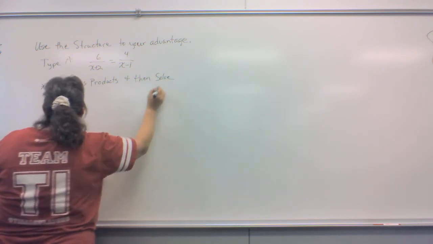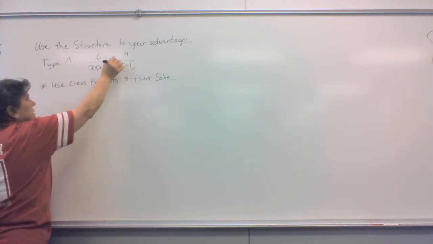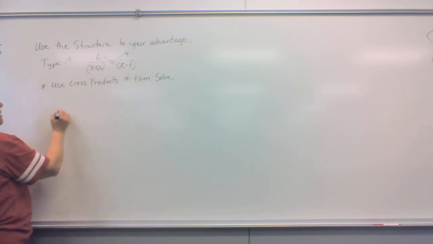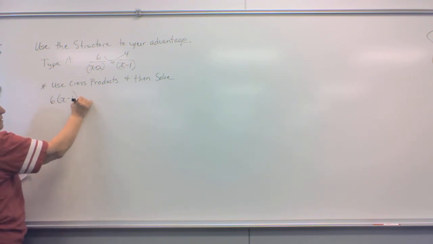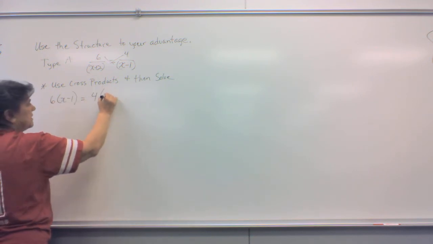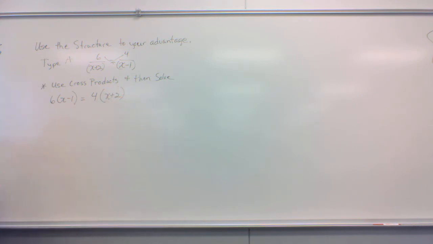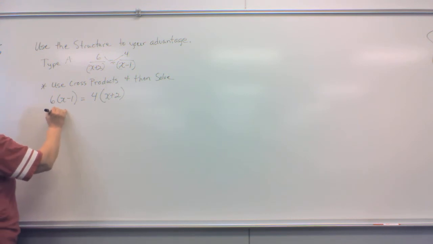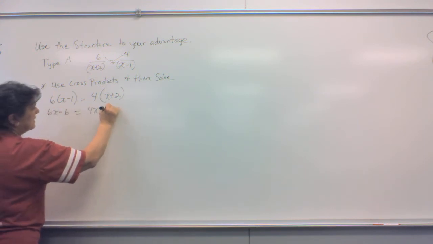So what will happen on this one? You would have this times this and this times this. So I'd have 6 times x minus 1, and notice it has to be in parentheses because the whole denominator has to multiply that numerator, that's its cross product. So this would be 6x minus 6 is equal to 4x plus 8.